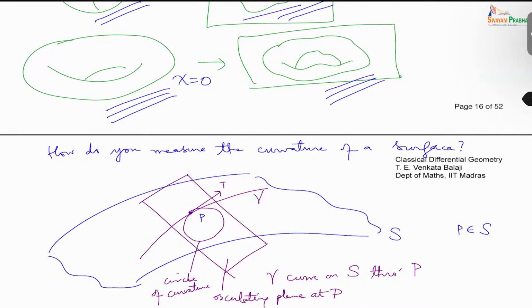All right, so there is this osculating plane, there is a circle of curvature, and of course there will be a center of curvature. Now you are in 3 dimensions. To measure the curvature, it's not enough to numerically keep track of the curvature, you need to also keep track of the direction.